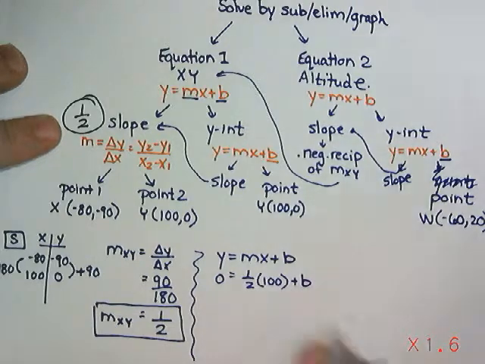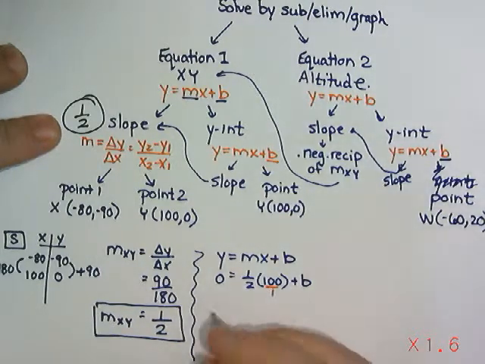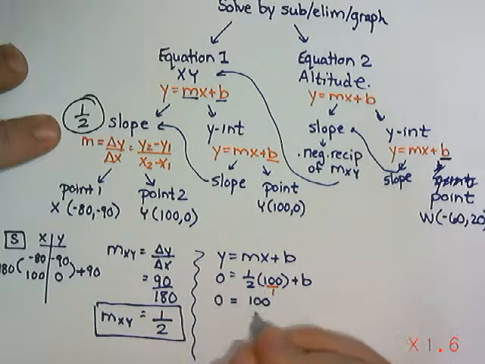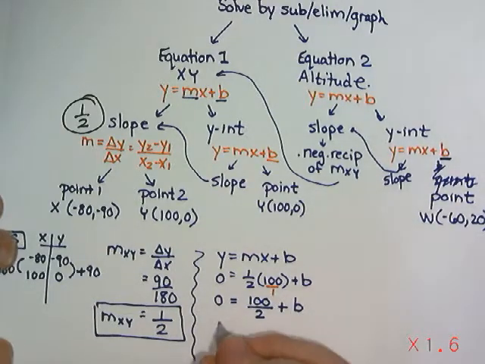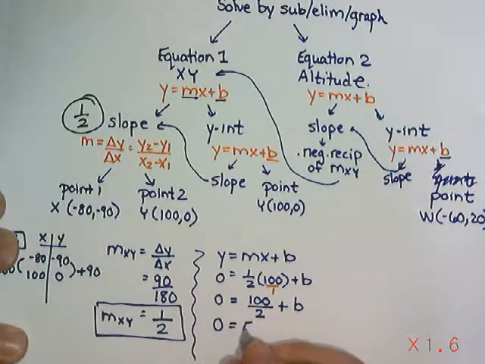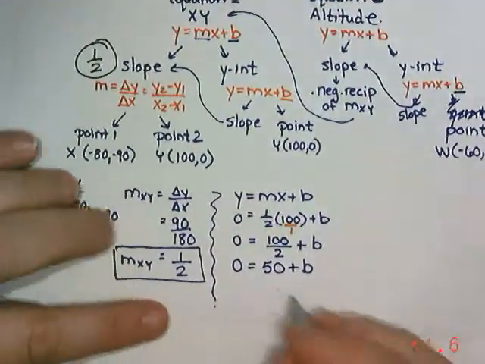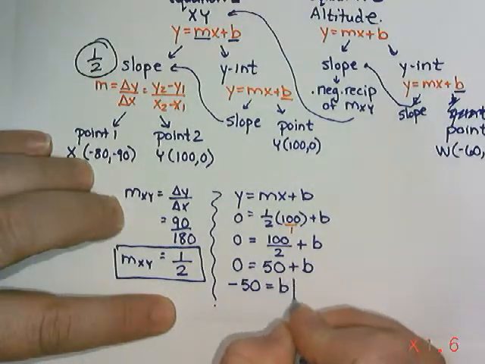Now 1/2 times 100, that's secretly 100 over 1. So I do numerator times numerator, 1 times 100 is 100. Denominator times denominator, so that's 2. 100 divided by 2 works out nicely. We get 50. And then I would subtract 50 to the other side to get -50 equals our y-intercept.